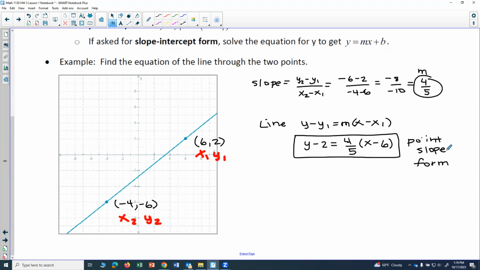Now, some of the problems want you to give your answer specifically in slope-intercept form. So if they do, what you want to do is solve this equation for y. I'm going to go ahead and distribute the 4/5. So I will have 4/5 x. And then 6 times 4/5, I only multiply the numerator of the fraction.